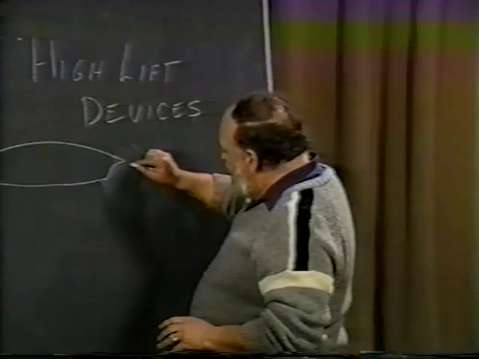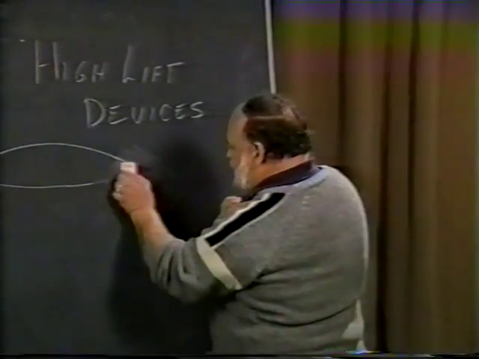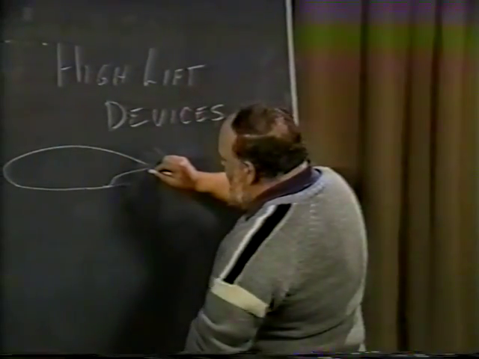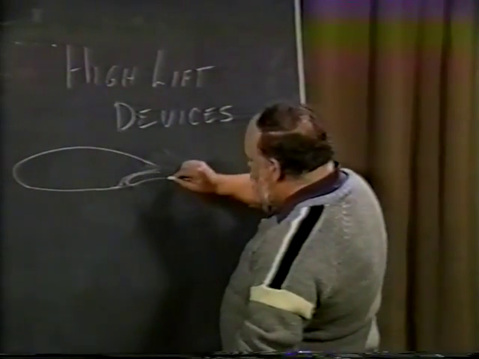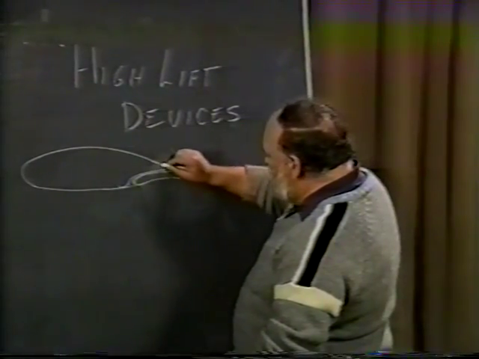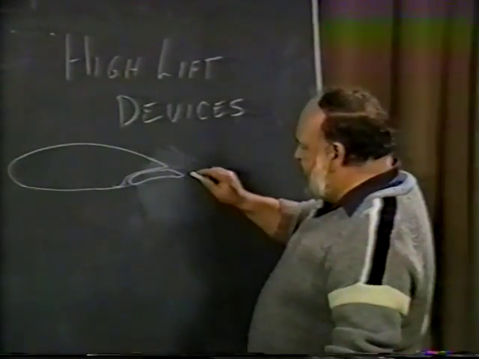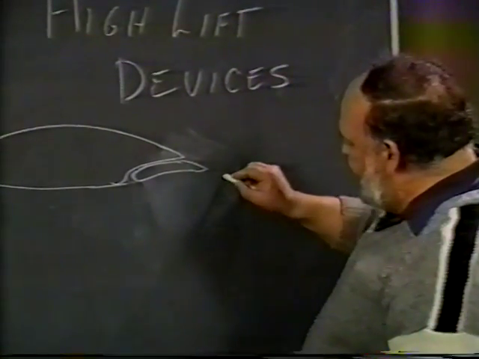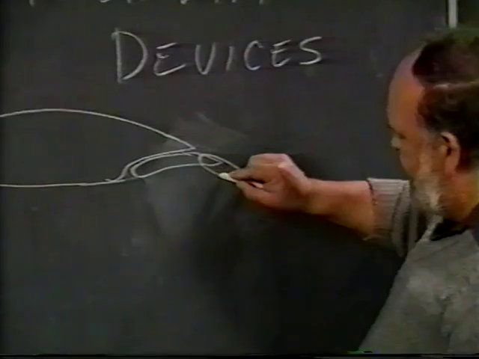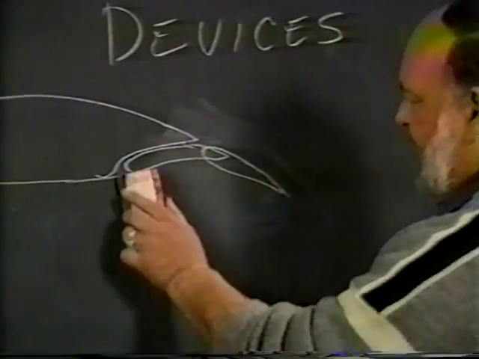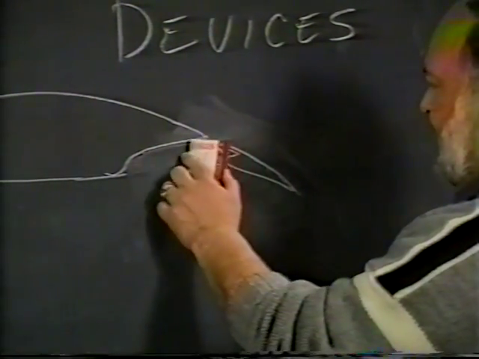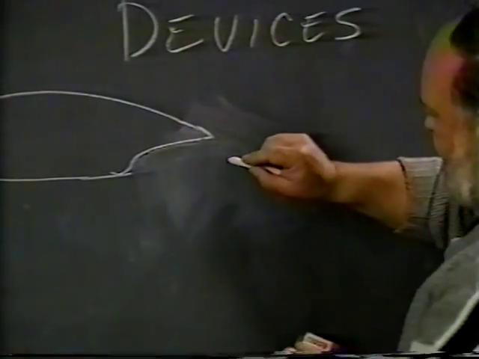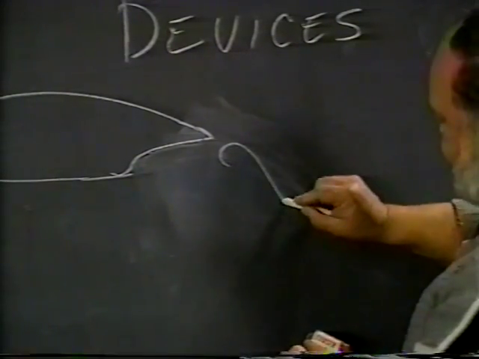It's just that the Fowler flap is built so that it goes within the wing section quite a bit, and when the flap is deflected, it moves back here, and therefore is actually increasing the wing area of the wing itself. Let me redraw that a little bit so it gets a little clearer.